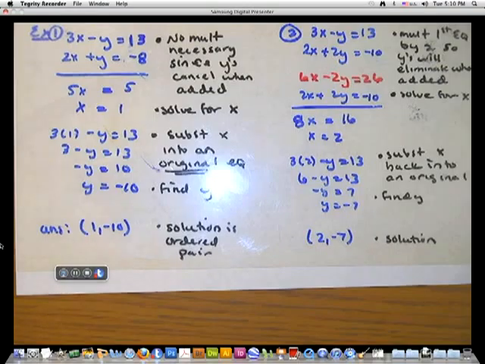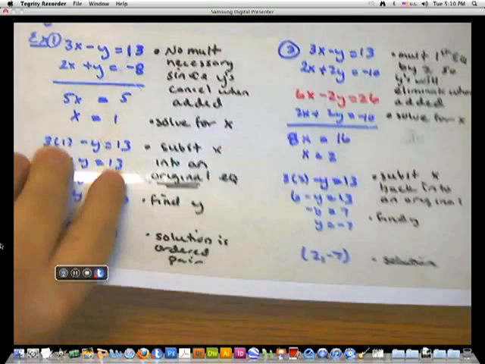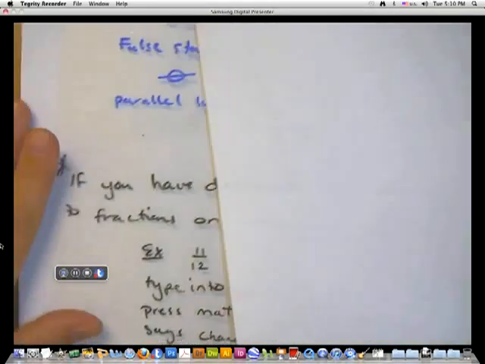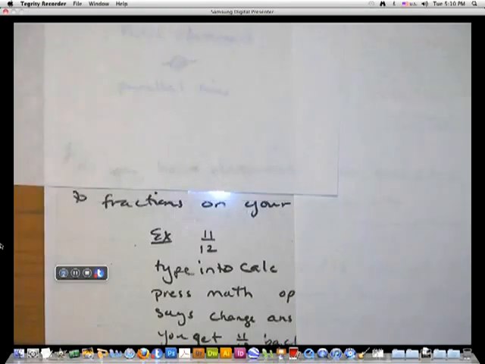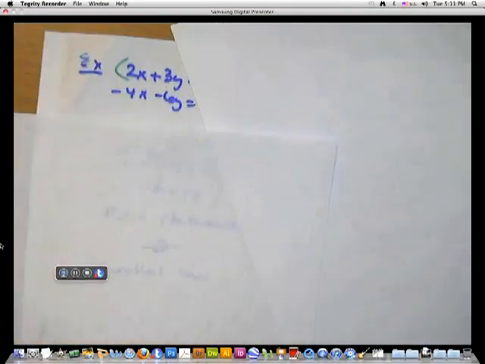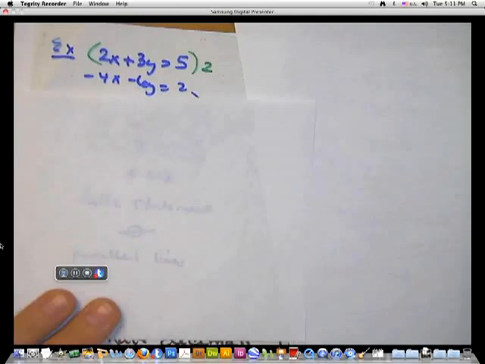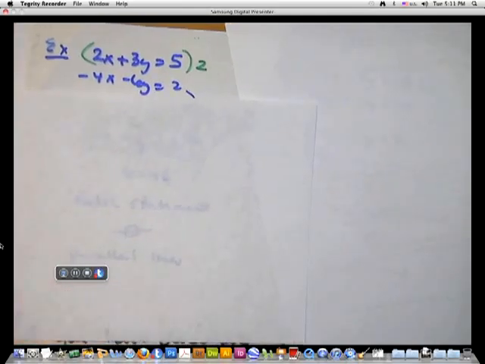Okay, let's look at another one. Here's my two equations in blue. 2x plus 3y is 5 and negative 4x minus 6y is 2.